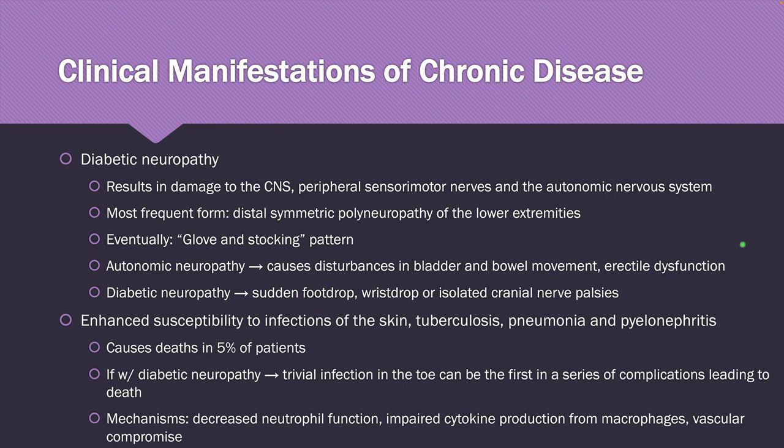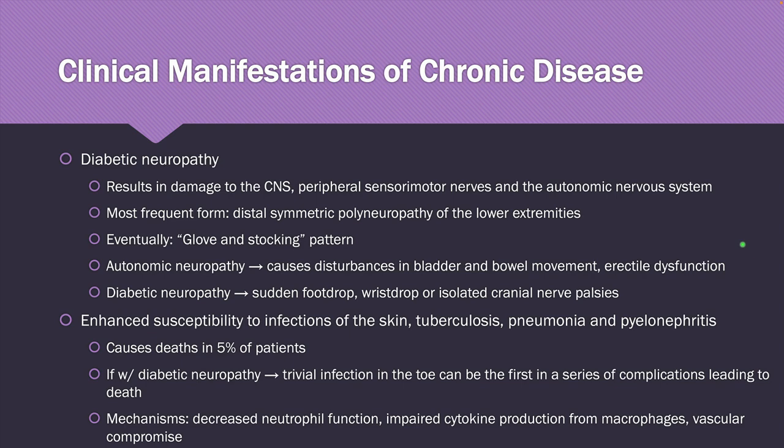And of course in DM, because you have compromised vascularization, you have an enhanced susceptibility to infections of the skin, TB, pneumonia, and pyelonephritis. And that causes around 5% of all the deaths related to DM.